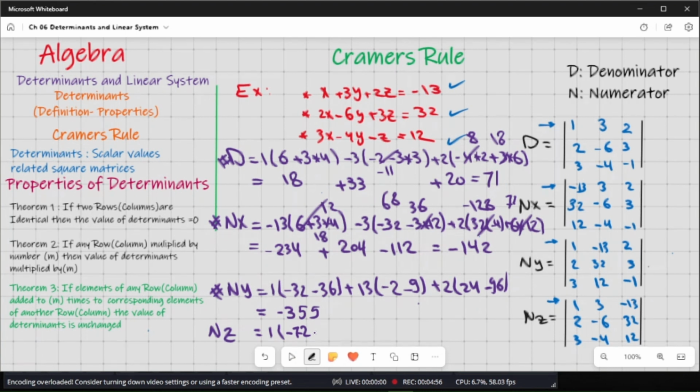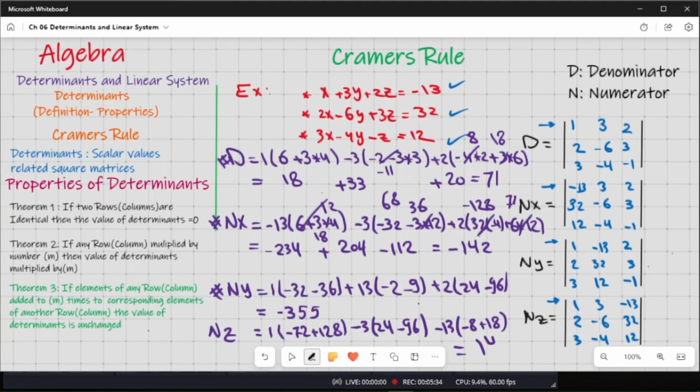Here minus 3 into its minor. We have here 24 minus 96. Okay, here minus 13 into its minor. So we have here negative 8 plus 18. This will be equal to here 142.